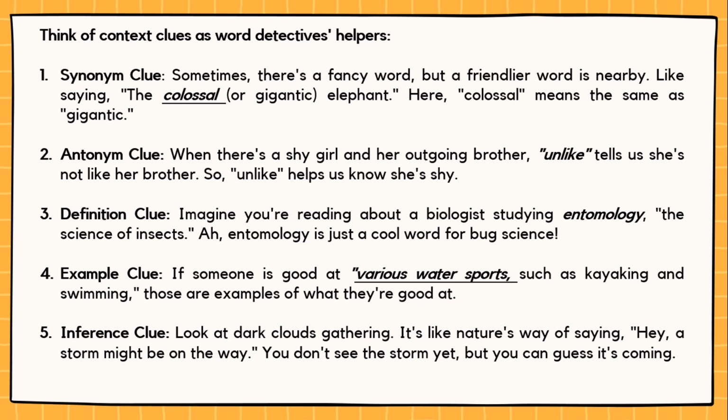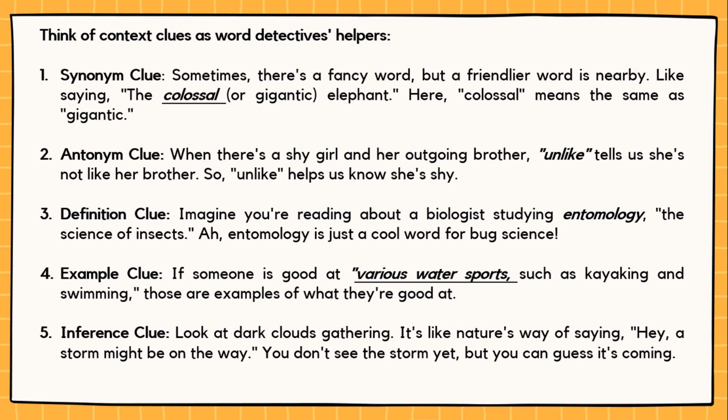When there is a shy girl and her outgoing brother, unlike tells us she's not like her brother. So the word here, unlike, helps us know that the girl is a shy type. Imagine you have two friends, a shy one and an outgoing one. Now, if we say that the shy friend is unlike the outgoing friend, that's a clue.